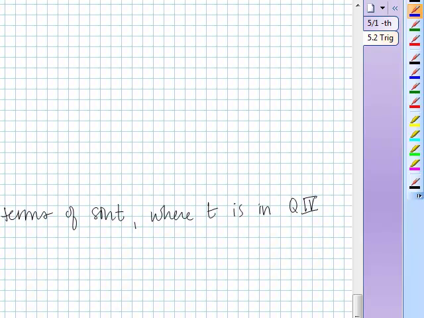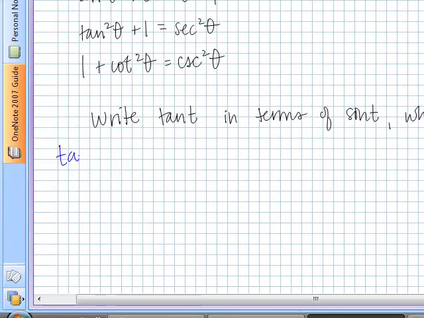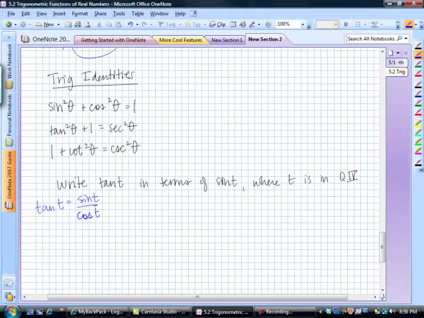First thing we have to remember is that tangent t is the same thing as sine t over cosine t. So we know that tangent is sine over cosine. So if we can use one of these trig functions that have sine and cosine in them and manipulate that trig function, we can solve for tan t.